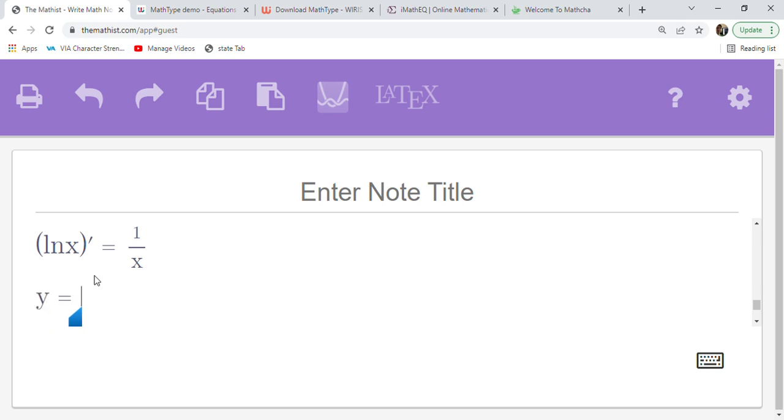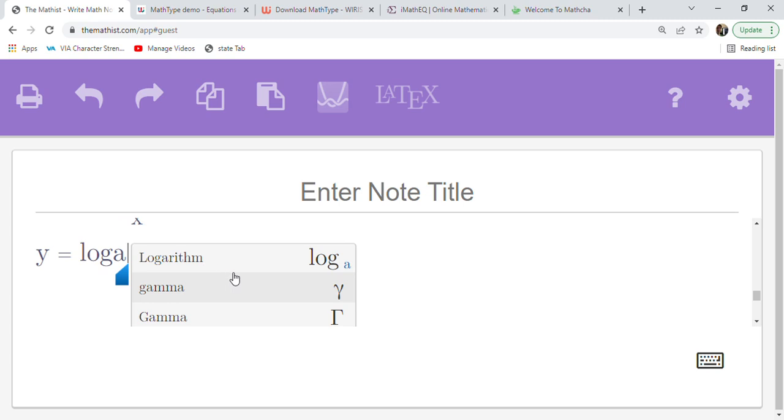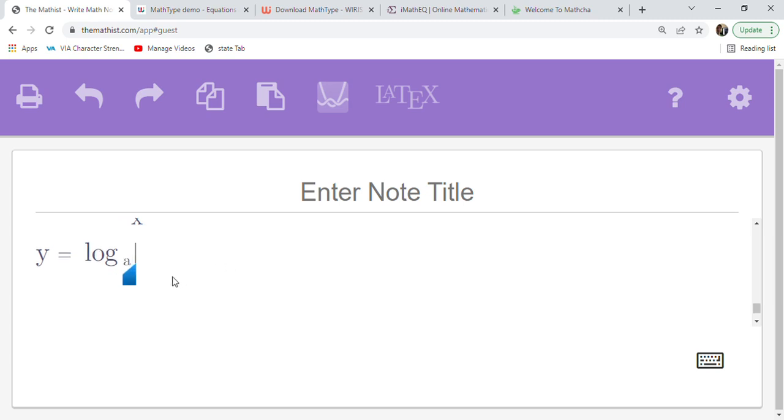So let's say we have a function y equals log base a of x. You want to know how we take the derivative of x's logarithm, in base a. I'm going to figure that out.